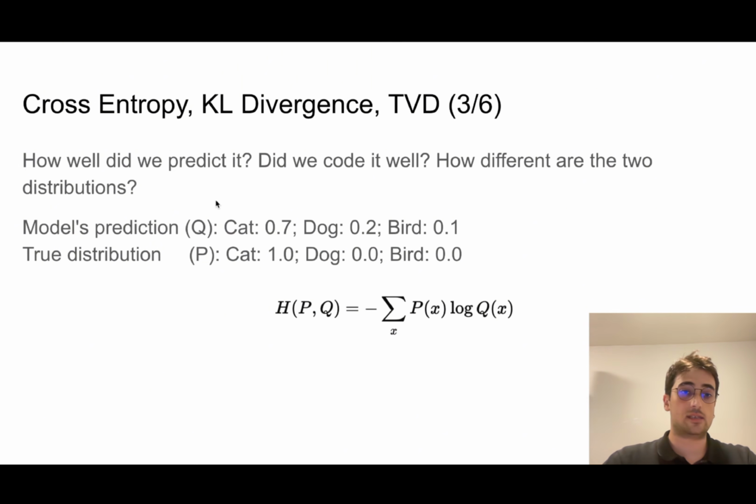So let's say this is your model's prediction, and this is the actual true distribution. There was a picture of a cat, but your model, which is Q, has guessed 0.7 for cat, 0.2 for dog, 0.1 for bird, right? If the prediction was 0.1 for the cat instead, and you put 0.1 over here, it would burst.